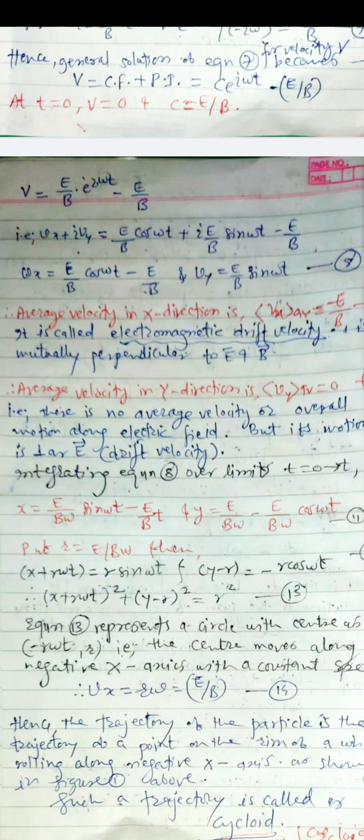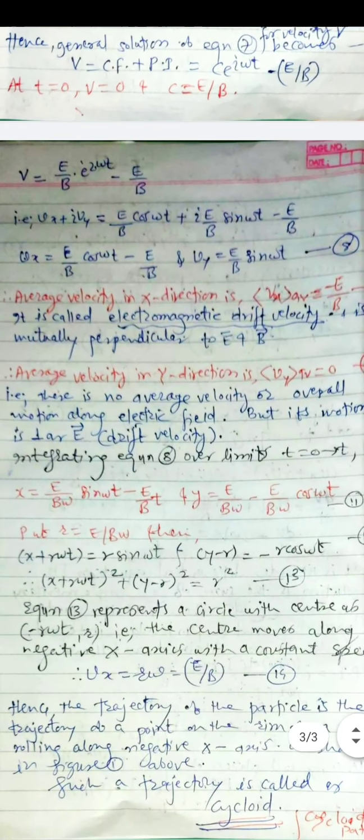Once we have equation number 8, we integrate it within limits for time t equal to 0 to t. Then x equals E upon B omega sin omega t minus E t upon B, and y equals E upon B omega minus E cos omega t upon B omega, equation number 11.